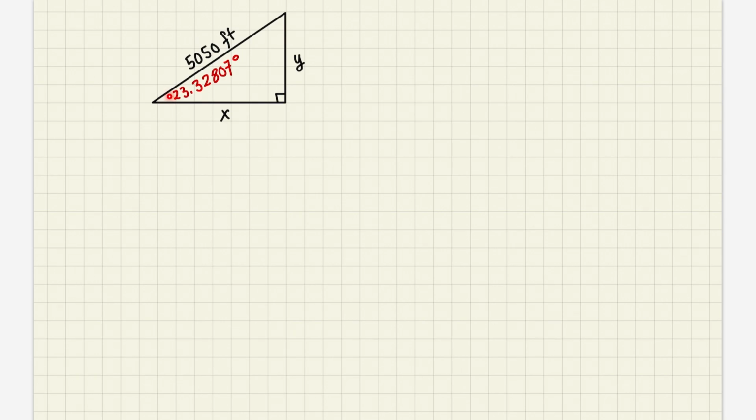Okay, I need to find X. So this is the angle theta. X is the adjacent, and this is the hypotenuse. So to find X, I need to use the adjacent and the hypotenuse. What trig function is involved with adjacent and hypotenuse? Cosine of theta will be equal to adjacent over hypotenuse.